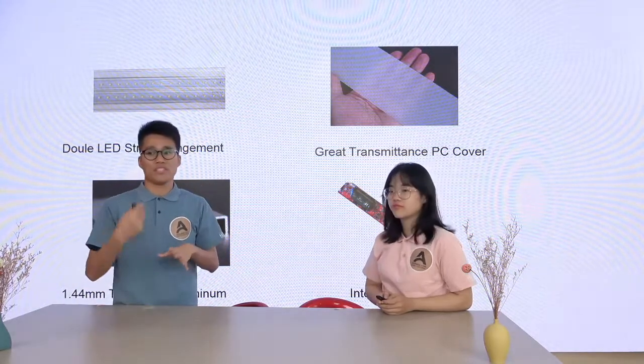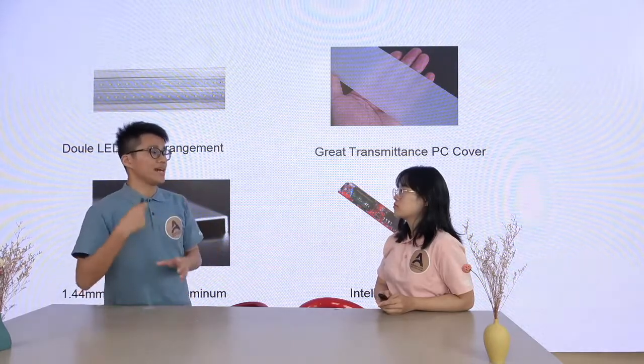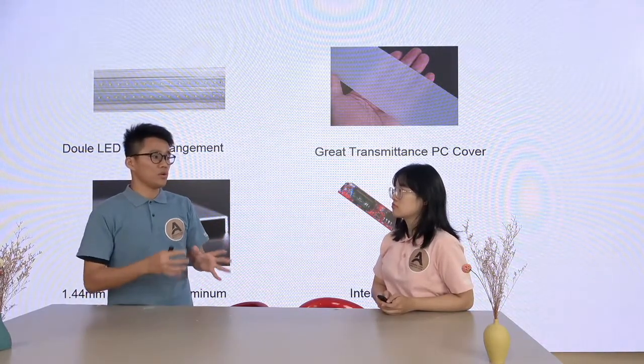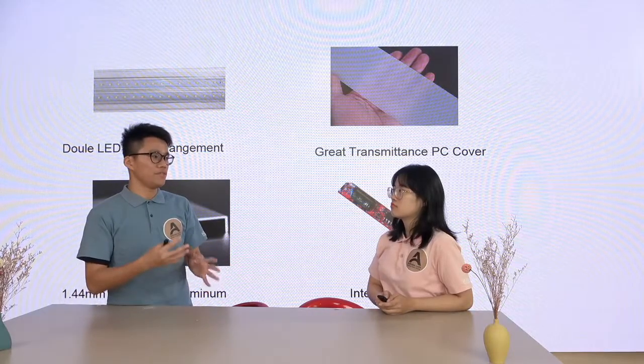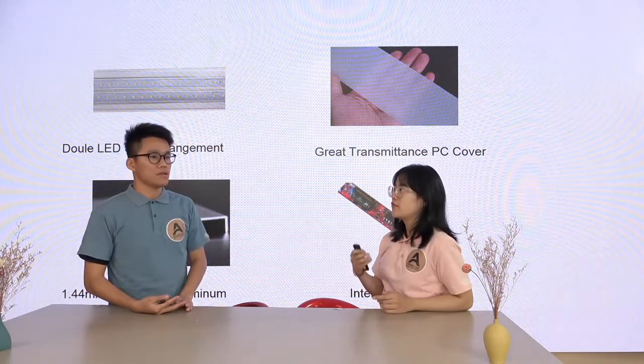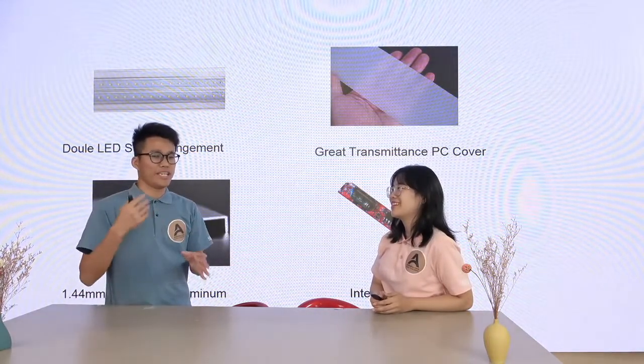For the linear light, we use a high temperature breaking process for this aluminum. Do you know what the advantage of this process is? For better transmittance and better dissipation. Yes, it's for heat dissipation.